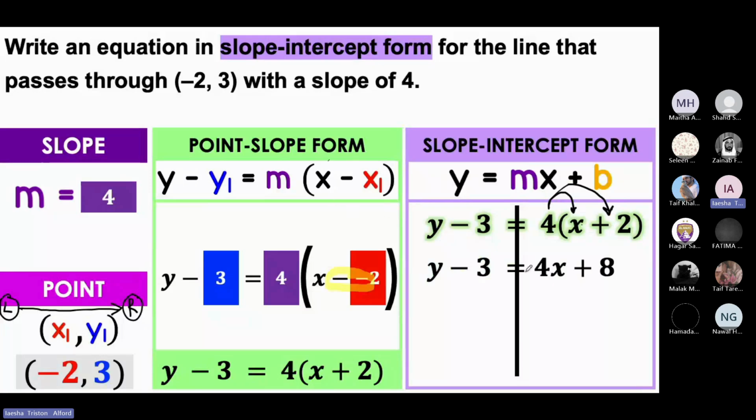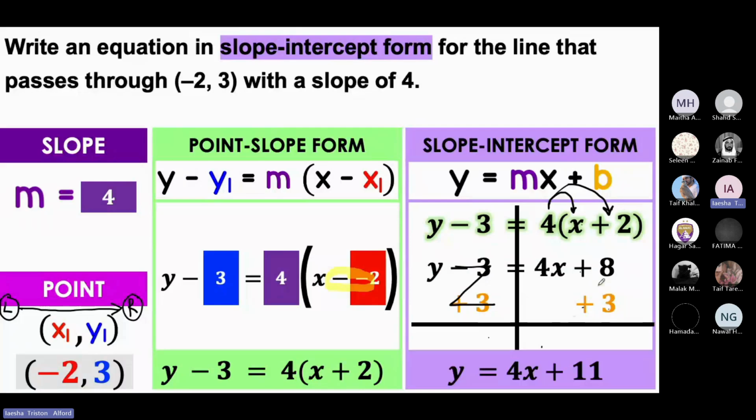Okay, when we multiply, we're going to get positive 4x plus 8. The next step, we have to add 3 both sides. When we add 3 both sides, remember this is going to make 0. The y, you should keep it down. The equal, you should keep it down. The positive 4x, you should keep it down. And positive 8 add 3 is positive 11. So this is the final answer.